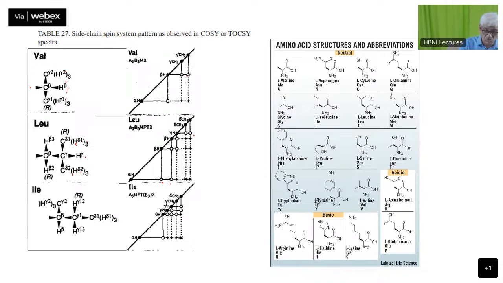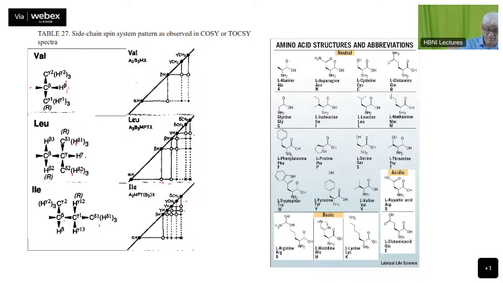Okay, so isoleucine also in the similar manner, you will have the correlation from the alpha to the beta proton and the beta to the two gamma protons, which will be non-equivalent here. And from the two gamma protons, you will see to the delta one, which is one methyl. So you will see from the gamma proton to the delta methyl. Okay, gamma 1, gamma 2 to the delta methyl.